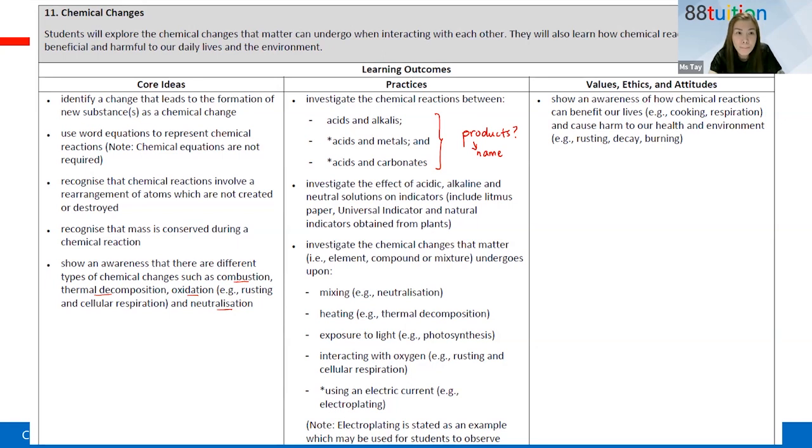If it's hydrochloric acid plus sodium carbonate, what will be the products? Or do you find that it's a little bit difficult for you to identify the products? Is it like carbon dioxide, water, and oxygen? Wait. Carbon dioxide is right.